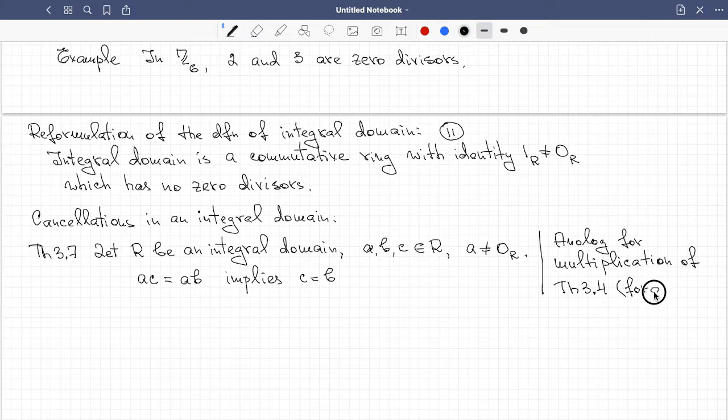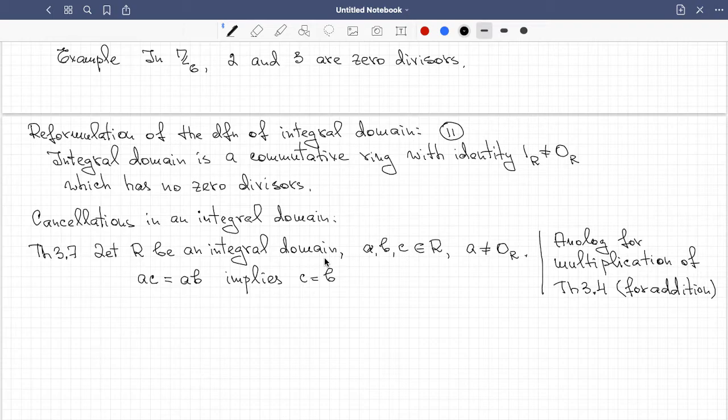For addition, this is true in any ring. For multiplication, we're going to require an integral domain, otherwise, maybe not true.